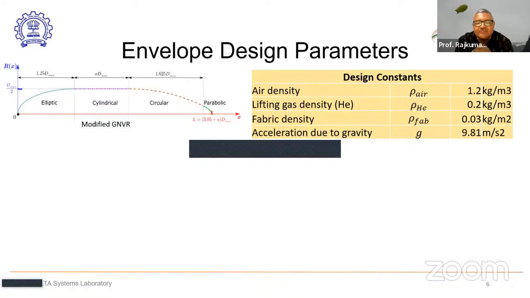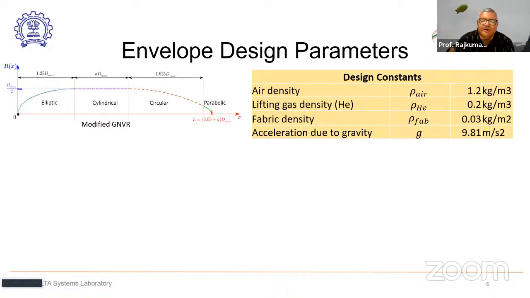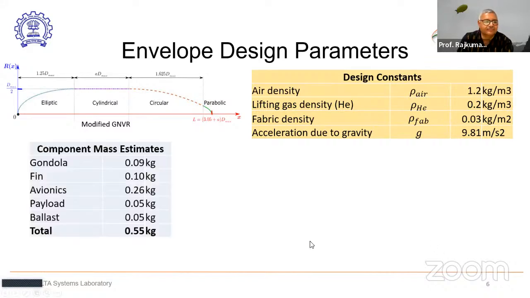The fabric that we have chosen is 0.03 kg per square meter, as I mentioned, and the acceleration due to gravity, which is approximated as 10 in some cases, but we would like to work with the value of 9.81 meter per second square. If you have any queries or any doubts, simply ask them in the Q&A session, and I will request Sohan to start answering them because I cannot see the screen other than the presentation. So I'll keep going ahead with it.